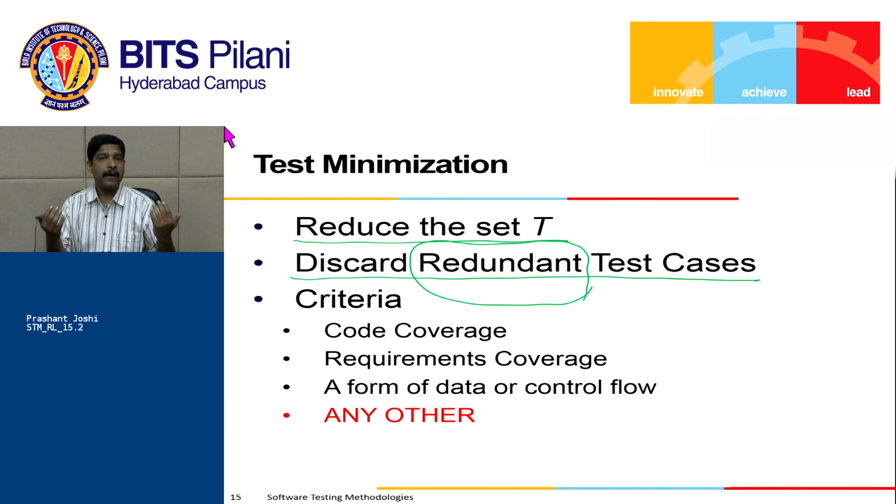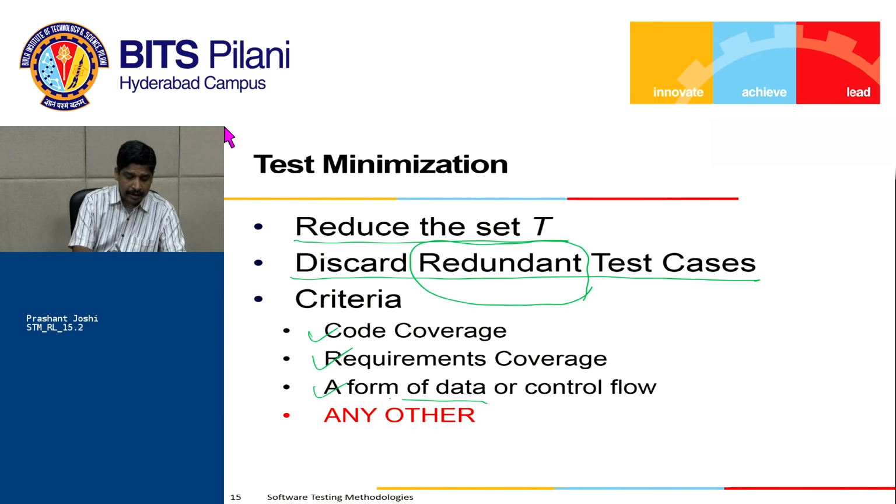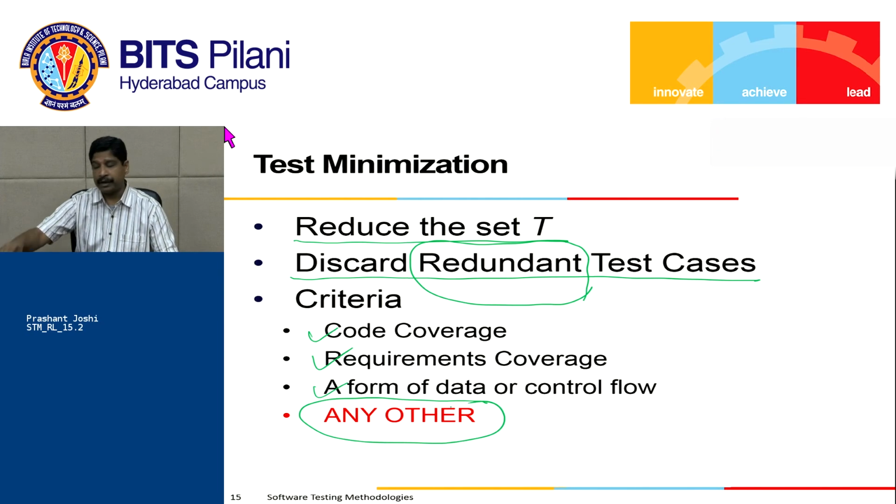We should be able to make those test cases redundant because they're just repeating, and we could put up criteria with respect to code coverage, requirements coverage, or form of data or control flow. Remember the traversal piece that we spoke about? That could be one of the important criteria that one could use. Or maybe any other criteria that you have, technical criteria.